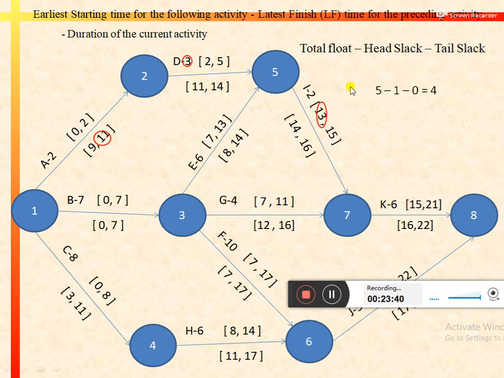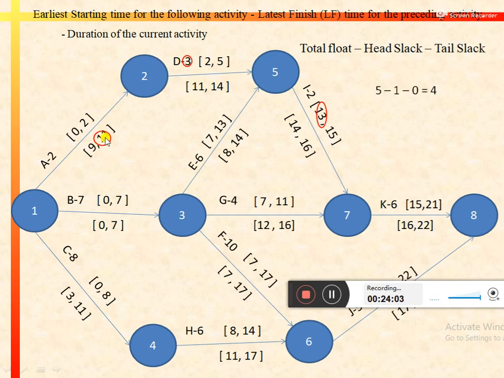We can use the other expression as well to calculate the independent float, that is total float minus head slack minus tail slack. So total float for activity D is 14 minus 5, that is 9, or 11 minus 2, that is 9. So 9 minus the head slack. So head slack would be 14 minus 13 or 16 minus 15, that is equal to 1.